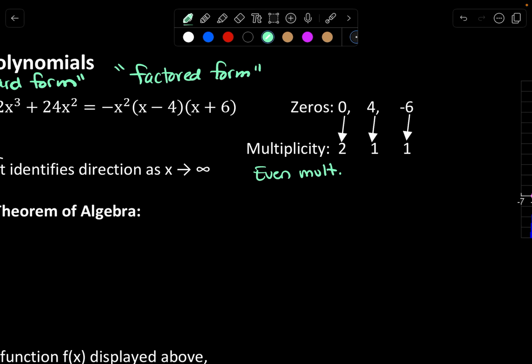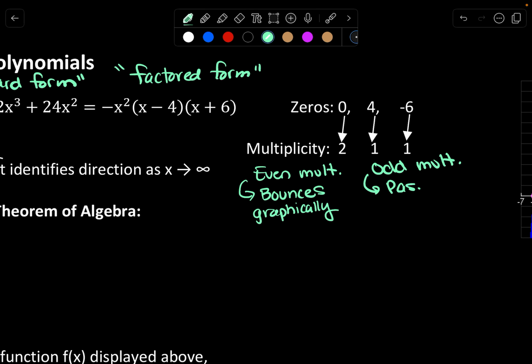And whenever a root has an even multiplicity, that means it will bounce graphically. And we will take a look at that in a second. And then if we look, our x minus 4 and x plus 6, they each have a multiplicity of 1, which is an odd multiplicity. So it's going to pass through graphically.